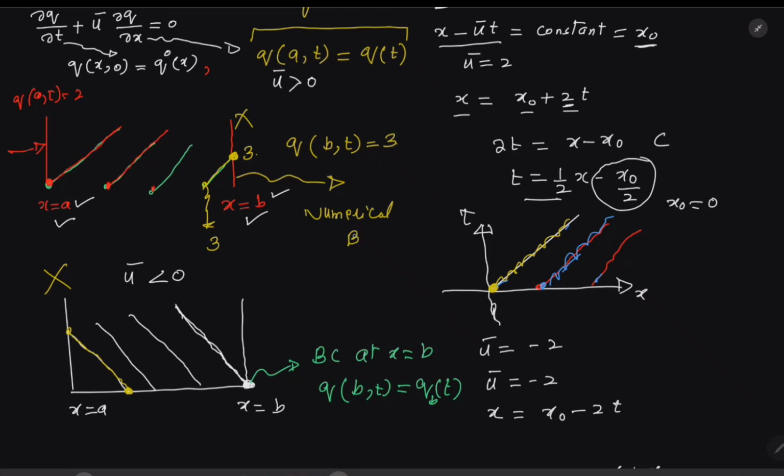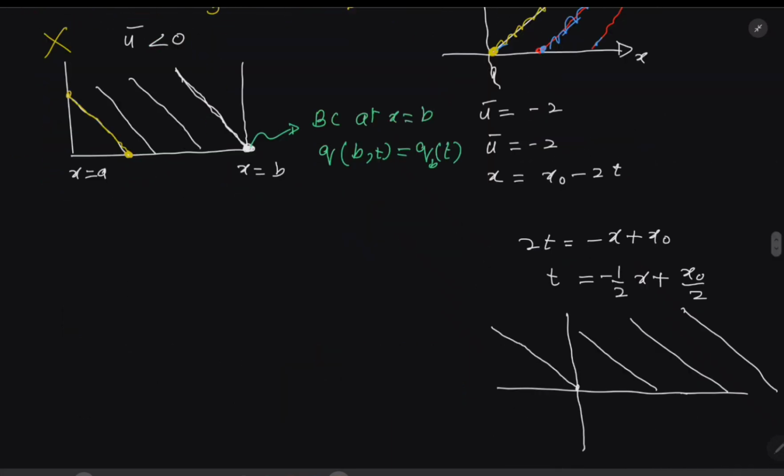Similarly, here at x is equal to b, we require a physical boundary condition. This is called physical, since we have to give some information on this side, and at x is equal to a, this will be called a numerical boundary condition.